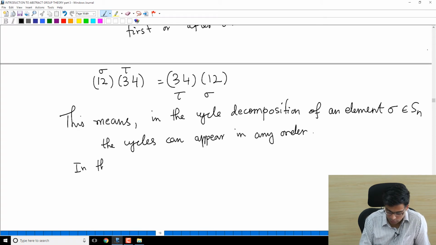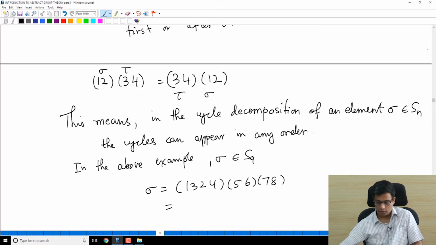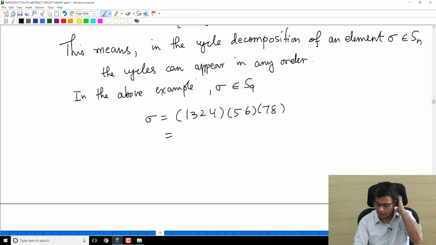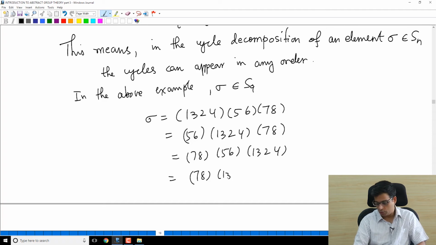In the example above, in Sn, we discovered that it is (1 3 2 4)(5 6)(7 8), but now I am saying that there is no problem if we write it like this: (5 6)(1 3 2 4)(7 8), or (7 8)(5 6)(1 3 2 4), or (7 8)(1 3 2 4)(5 6), right? They are all same.